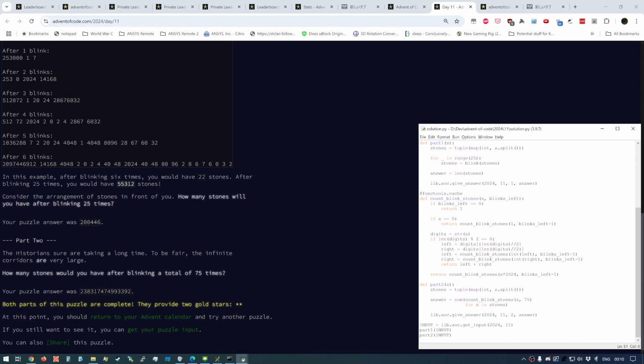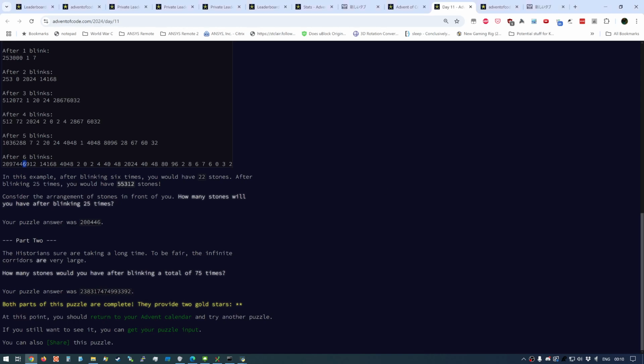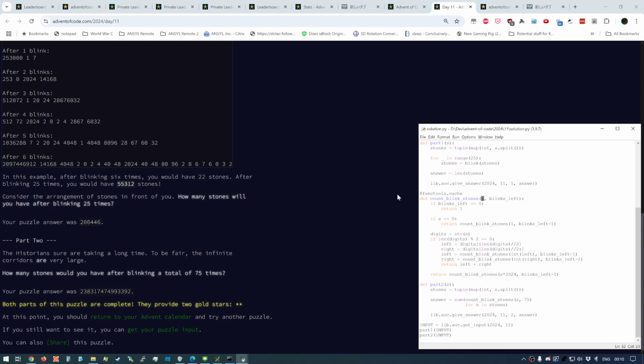I would be interested to see what the biggest stone number is that we ever see. Because already right here we've got, what is this? That's a 10-digit number right there. So it feels to me like eventually if you blink too many times, even this is going to bog down unless you do trickier math. I'm sure we'll see pretty soon on the Reddit some people doing analysis of that.